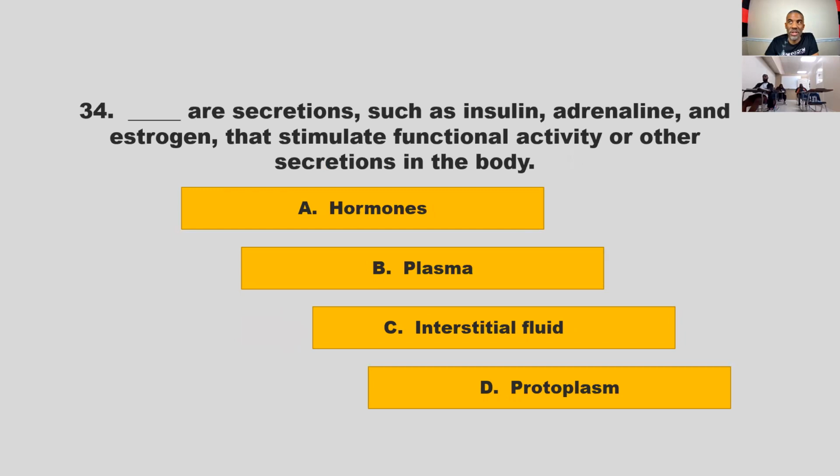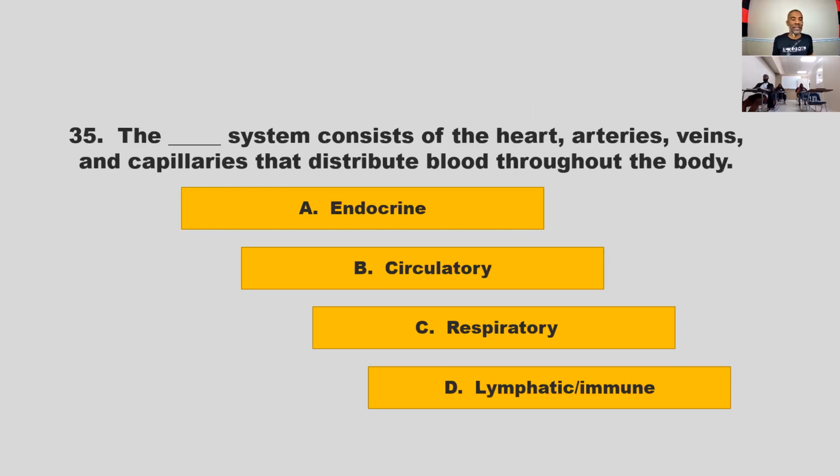Blank are secretions such as insulin, adrenaline, and estrogen that stimulate functional activity or other secretions in the body. A. And that is correct, hormones. The blank system consists of the heart, arteries, veins, and capillaries that distribute blood throughout the body.